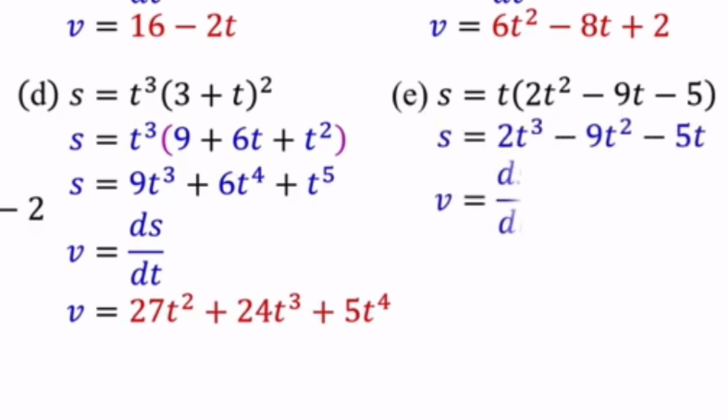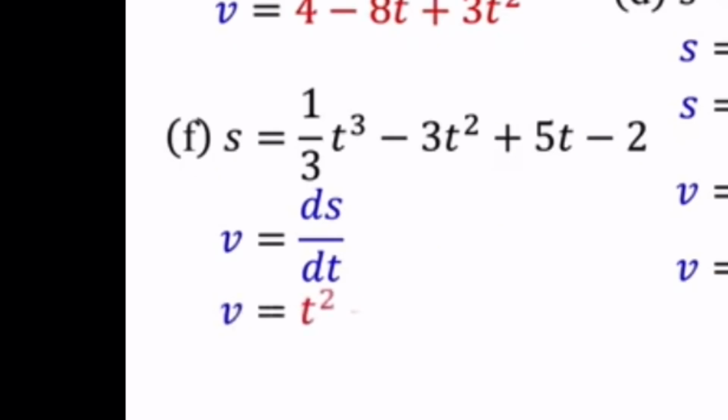So after expanding, velocity is ds/dt, which is actually 6t squared minus 18t minus 5. Alright, so this is how we get velocity from the displacement. For the f, also the same. We will do ds/dt, so it's 3 times 1/3 t squared minus 6t plus 5.